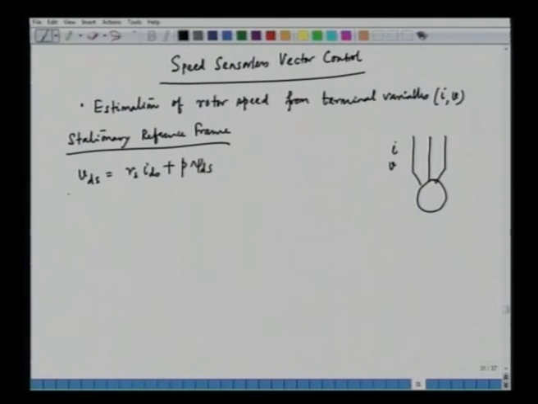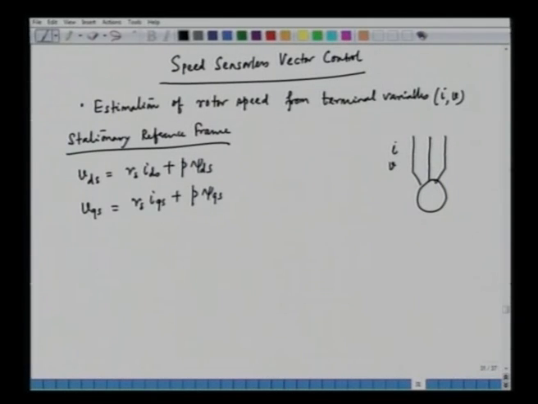This is the d axis stator voltage, VDS equal to RS IDS plus P psi ds, and VQS is RS IQS plus P psi qs.